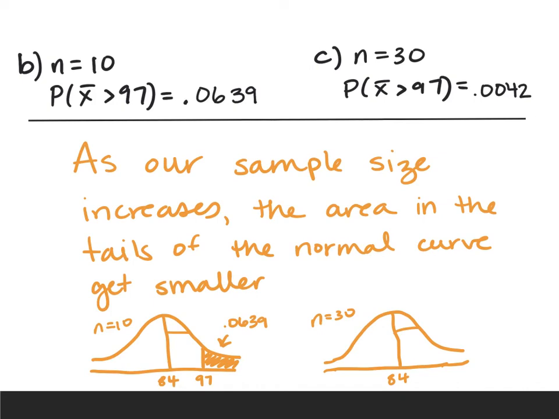And again, if we remember back to the empirical rule, if we were 3 standard deviations away, that little bitty bit in the tail was 0.0015. So I'm closer to 3 standard deviations away when I do that one there. And of course that probably should end up being a lot closer.